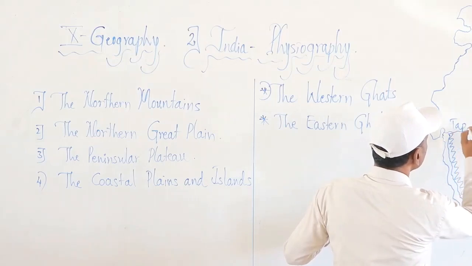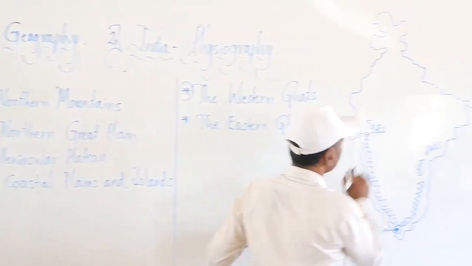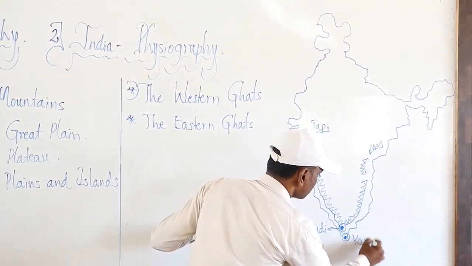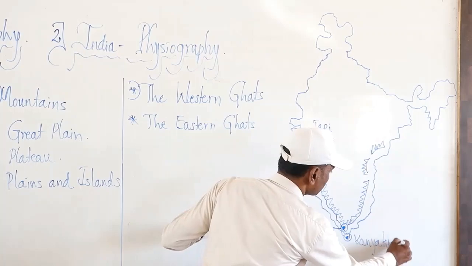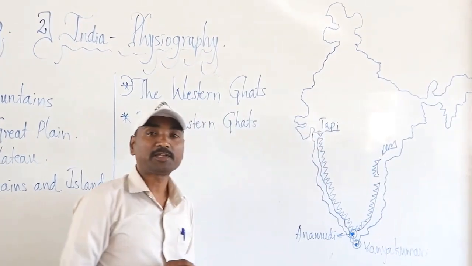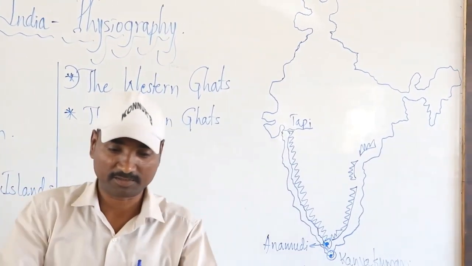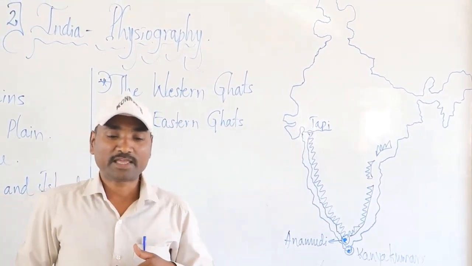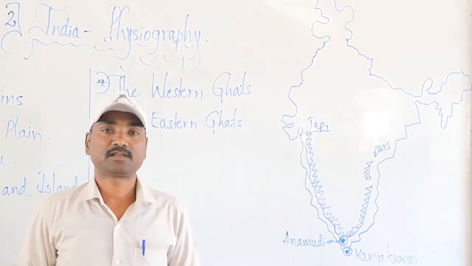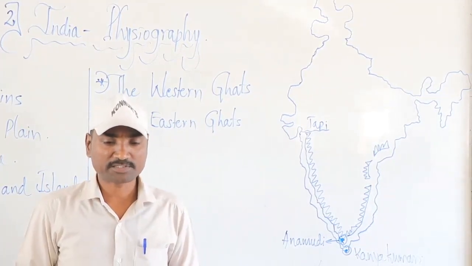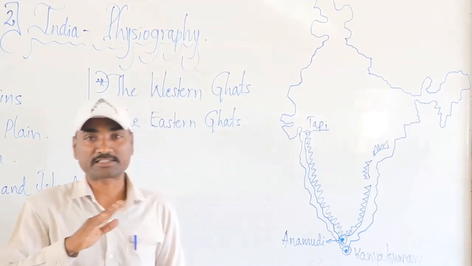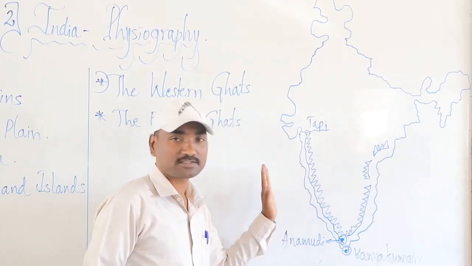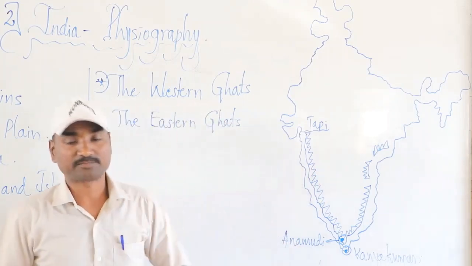Here is the Tapi river, and here Kanyakumari. This Western Ghats is also known as Sahyadris. In the eastern side they are very smooth and on the western side they are very steep.